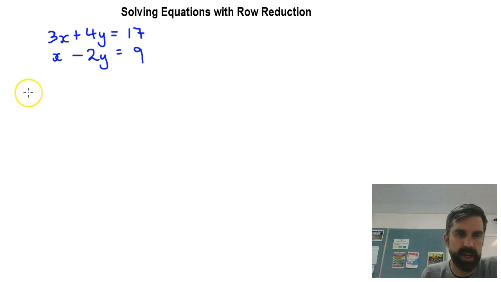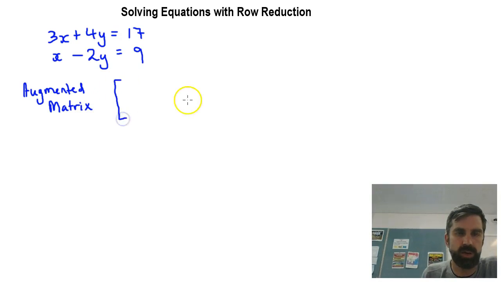To do this we actually set up a matrix. We call it an augmented matrix, augmented meaning two things joined together. What we're going to join together are the coefficients of the left-hand side of the equations with the right-hand side of the equations. So we're going to draw the matrix like this with a little line. That's the augmented part.